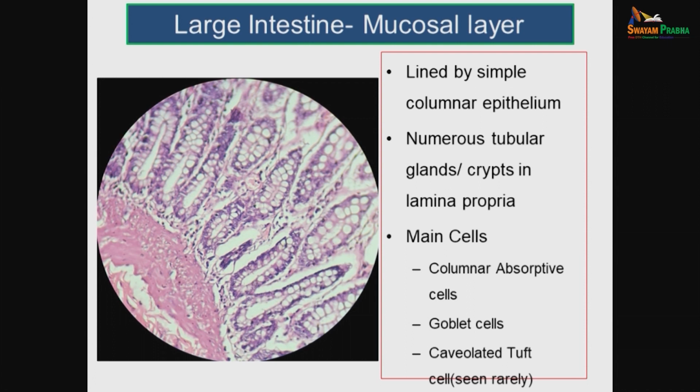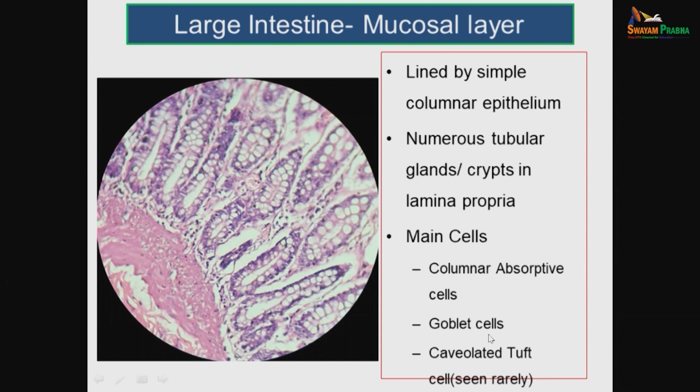So, the main function of the columnar cells is to absorb the excess water present in the lumen of the large intestine, and that function is enabled by the presence of the sodium-potassium ATPase pump in the lateral aspect of the columnar cells. What is the function of the goblet cells?